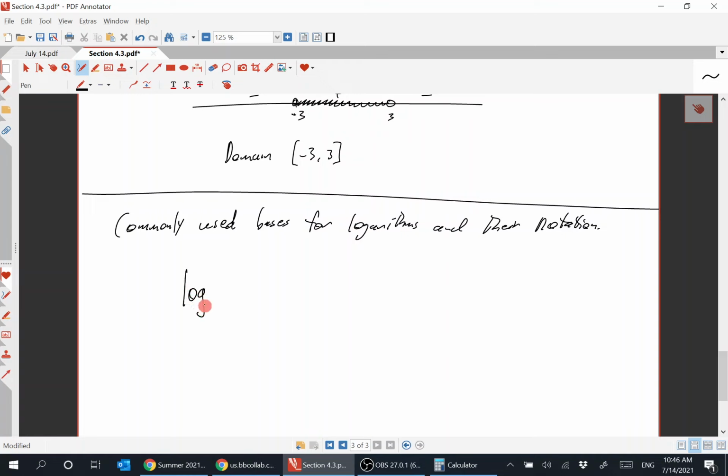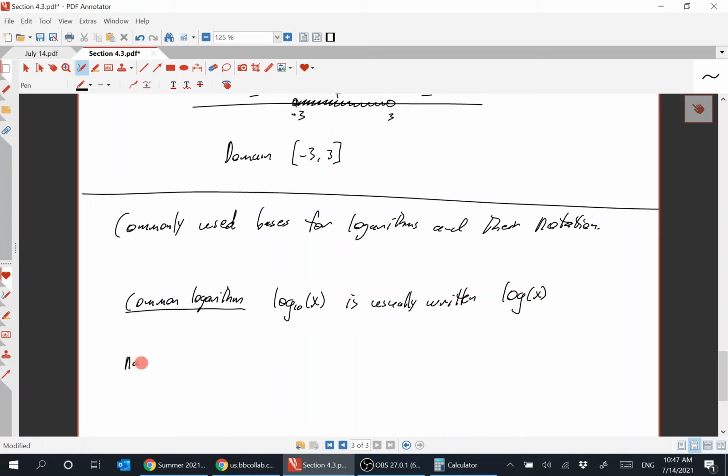The log base 10 of x is called the common logarithm, and it is usually written as just log of x. So if you have just log of x without a base, they mean log base 10.